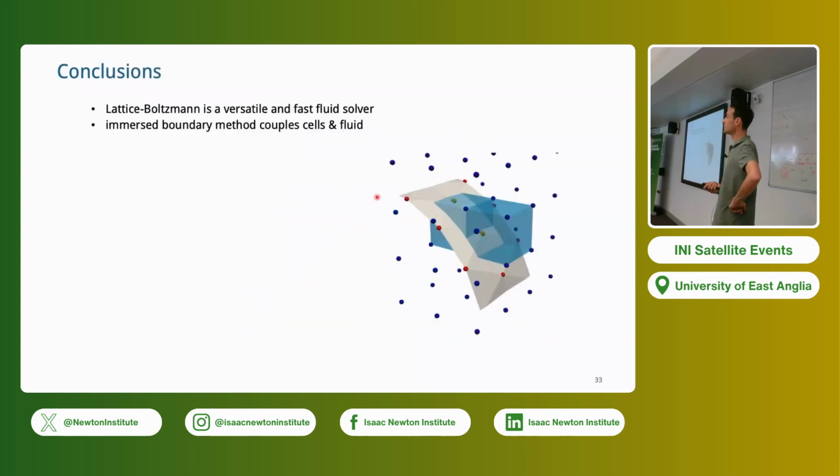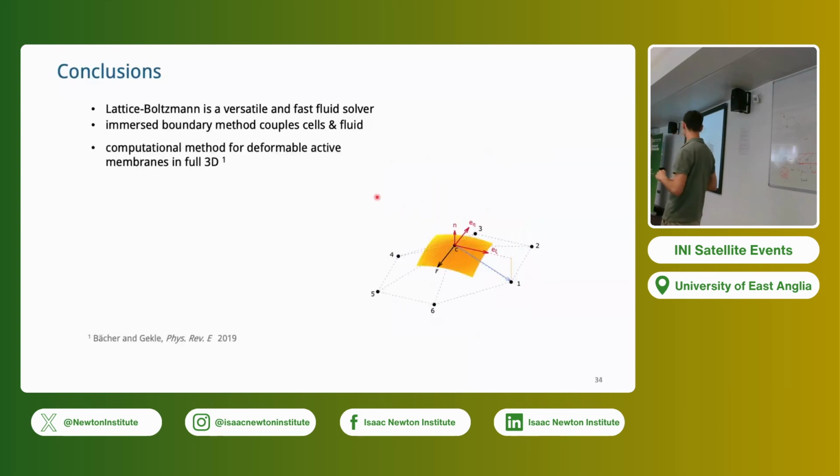Now let me come to the conclusions. What I showed you was the lattice-Boltzmann method for fluid flow. I showed you the pros and cons, and I showed you the basic idea of having these fluid particle distributions. The computation method for active stresses on these membranes embedded in a 3D space, non-axisymmetric, so fully three-dimensional, so that we can do shear flow and Poiseuille flow.